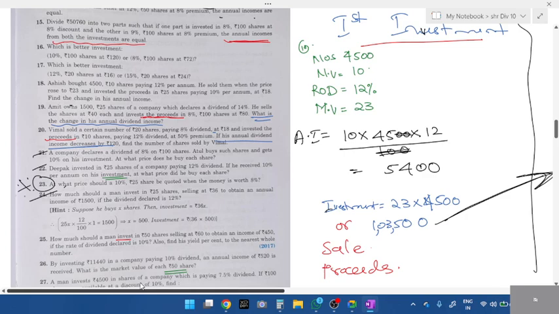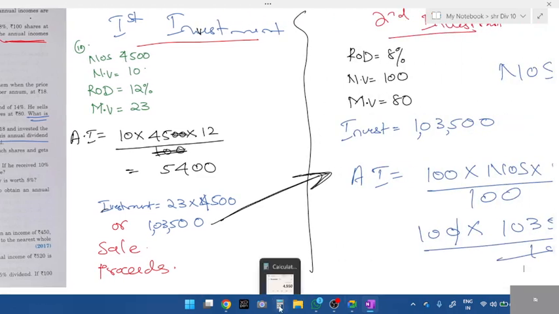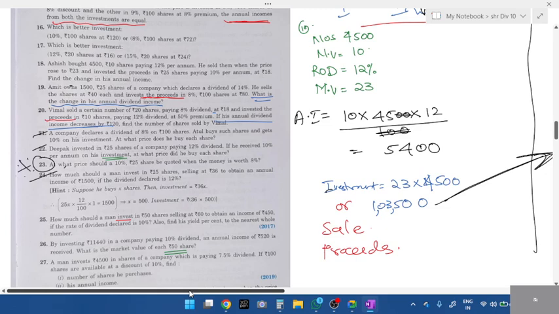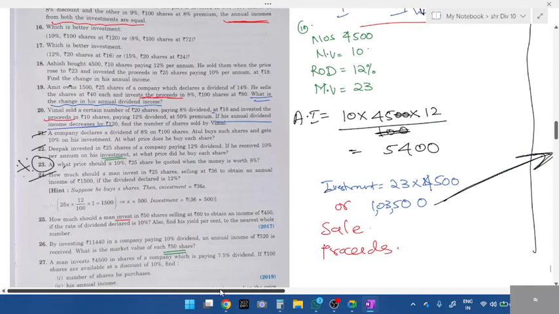Market value is 23. Annual income 5,400. Investment is equal to 23 into 4,500. 1,03,500. Then rate of dividend.